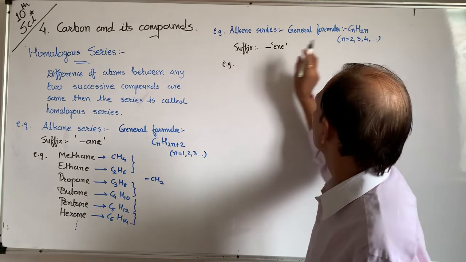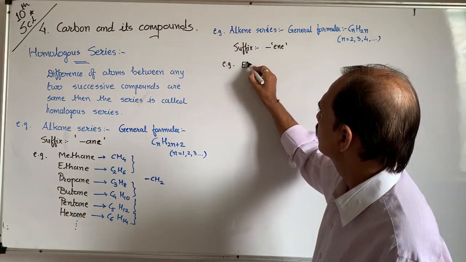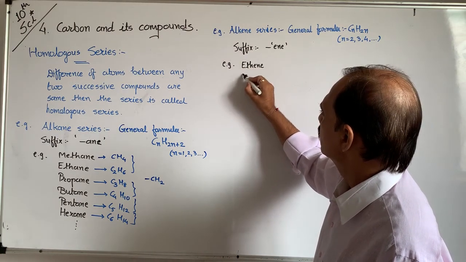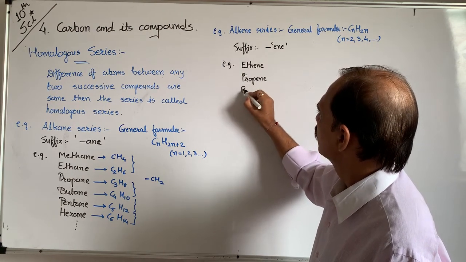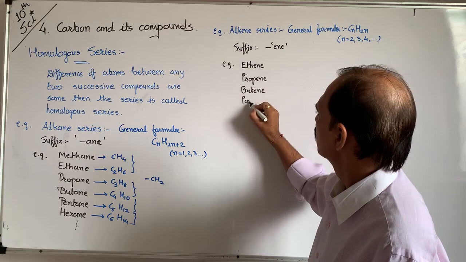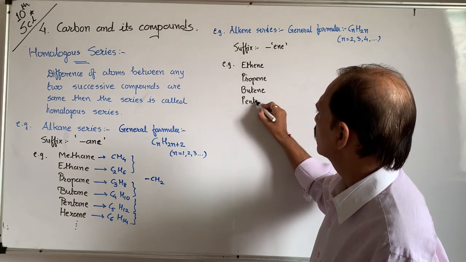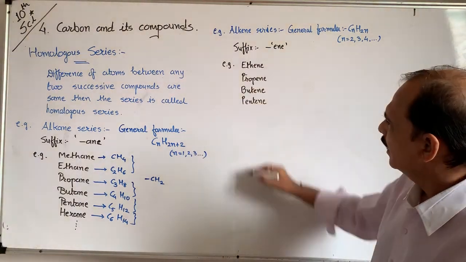The first one is not there, so we start with ethene, then propene, butene, then pentene, and so on.